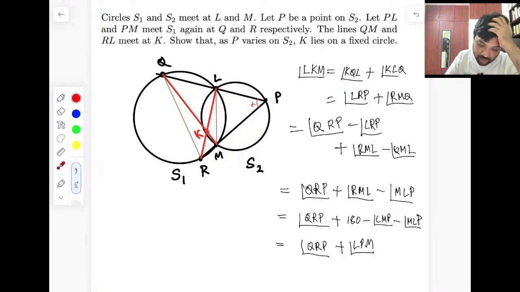I have not used, no, this is useful. This LMR, I could have also said is 180 minus RQL, minus RQP. Hi, Adi.